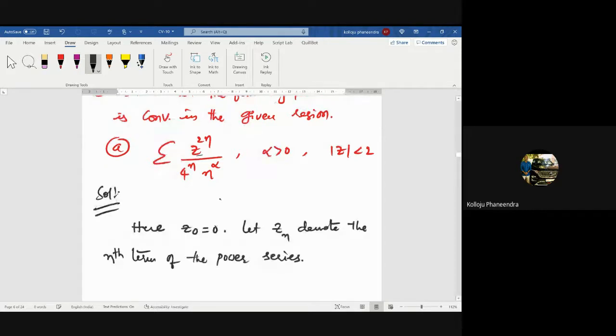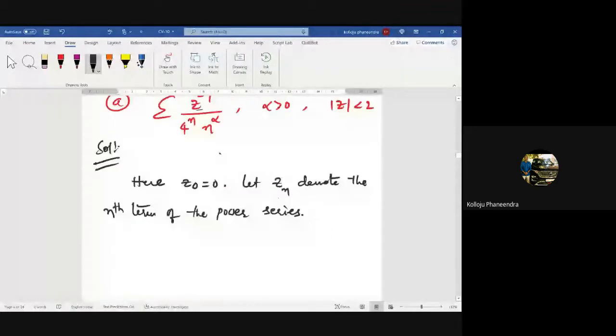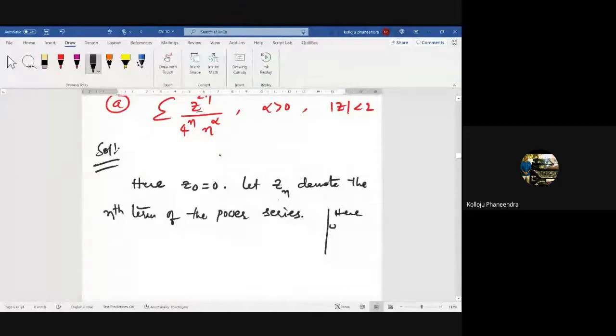What am I taking? Zn as the nth term of the power series. So here we have taken an, the nth term, as Zn. Therefore, limit an plus 1 by an, afterwards I will apply the limit.